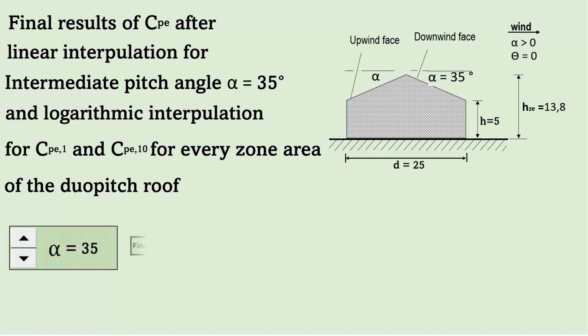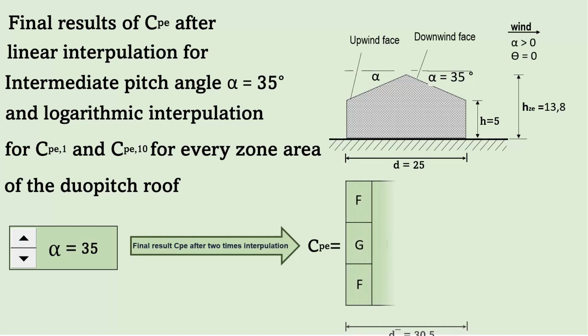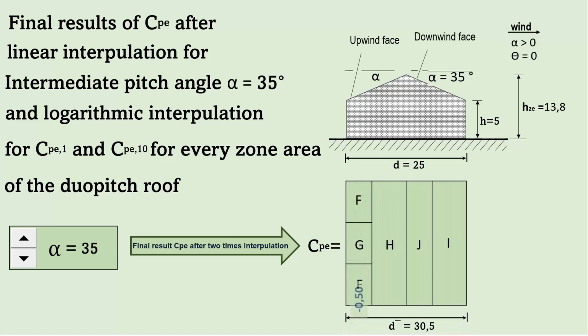CPE usually depends on pitch angle alpha. Final result after 2 times interpolation, CPE for zone F, zone G, H, J, and I.